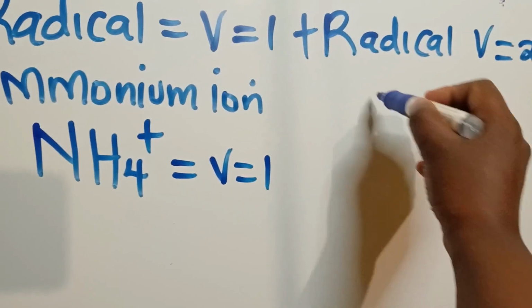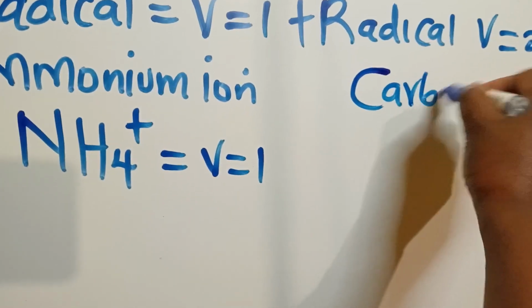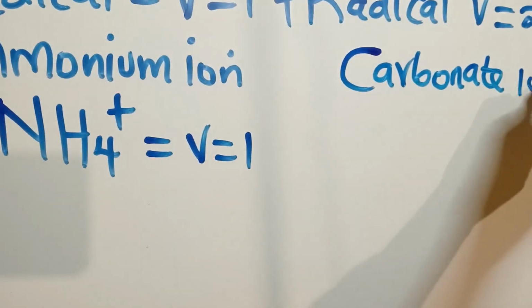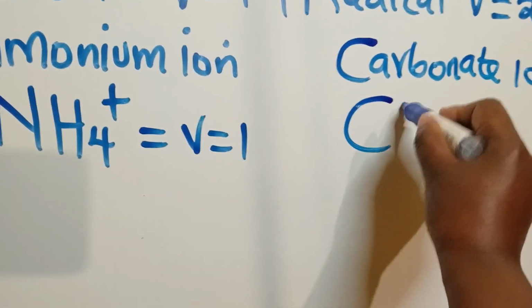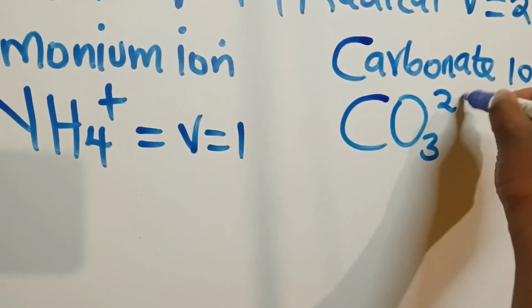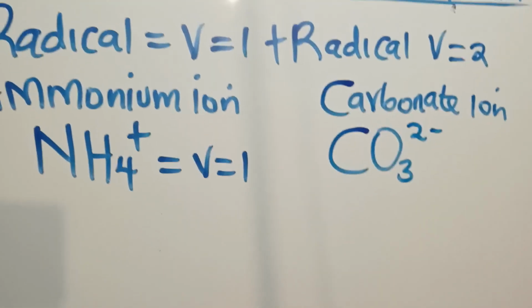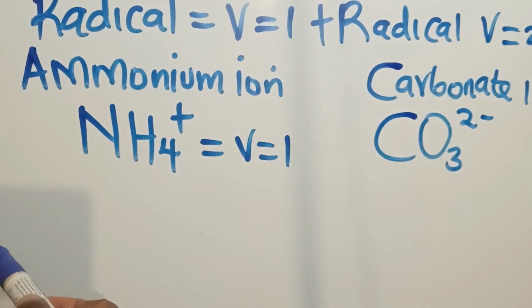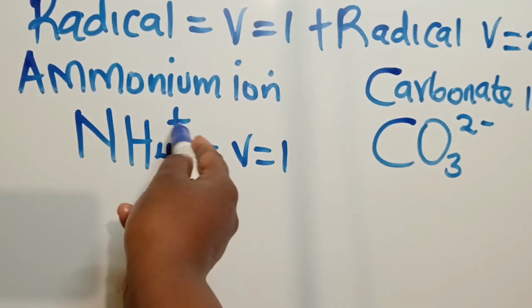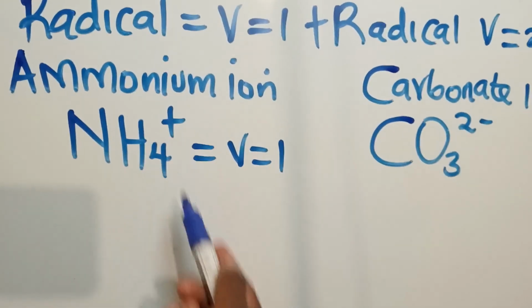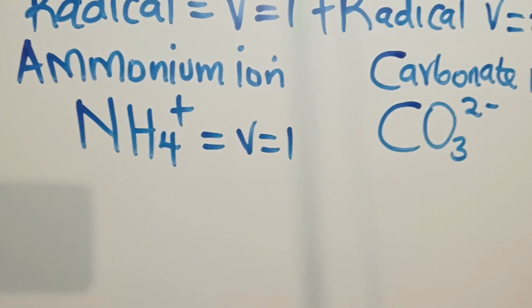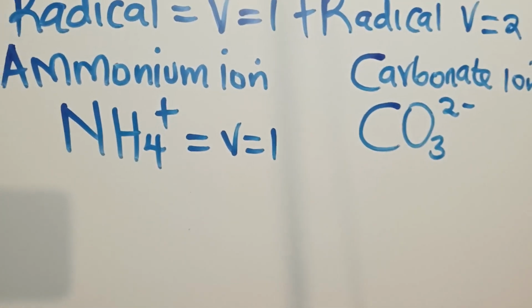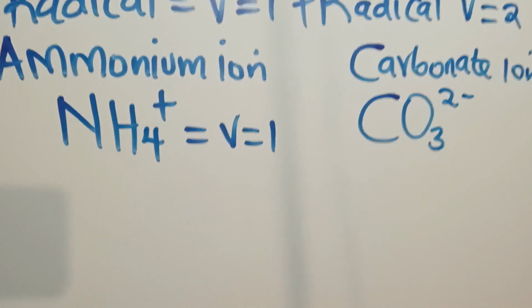A radical with the valency 2 is one like the carbonate ion, formula CO3 2 negative. The reason why we have the ammonium ion written on the left hand side is because, being a positive ion, it behaves like metals. So it is written on the left hand side of the formula.